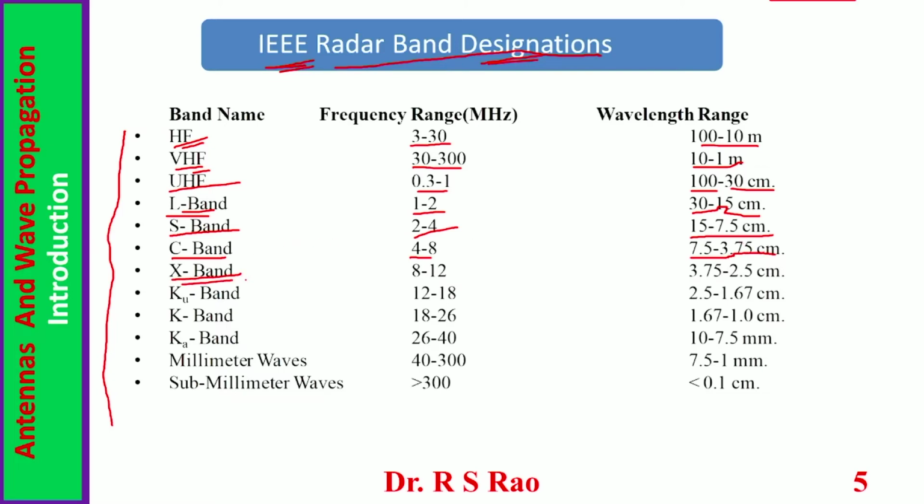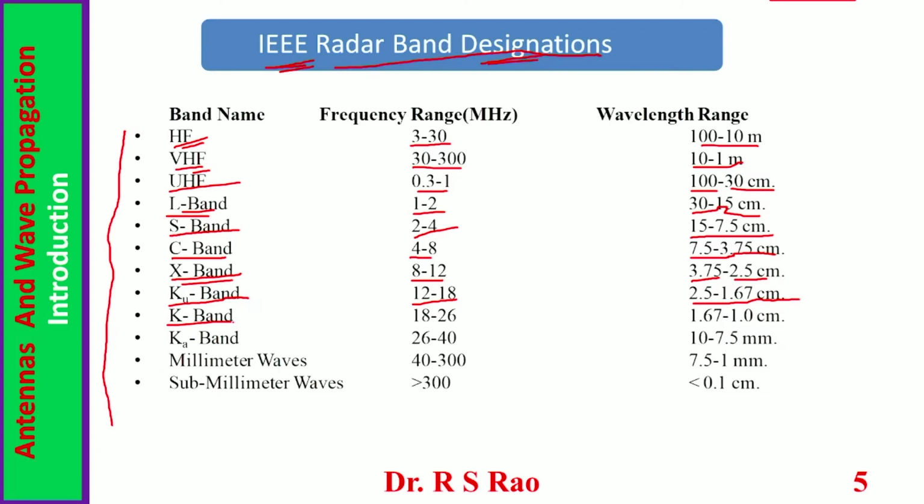X band follows C band. Its frequency range is 8 to 12 gigahertz. Wavelength range is 3.75 to 2.5 cm. Ku band is there. Its frequency range is 12 to 18 gigahertz. Wavelength is 2.5 to 1.67 cm.